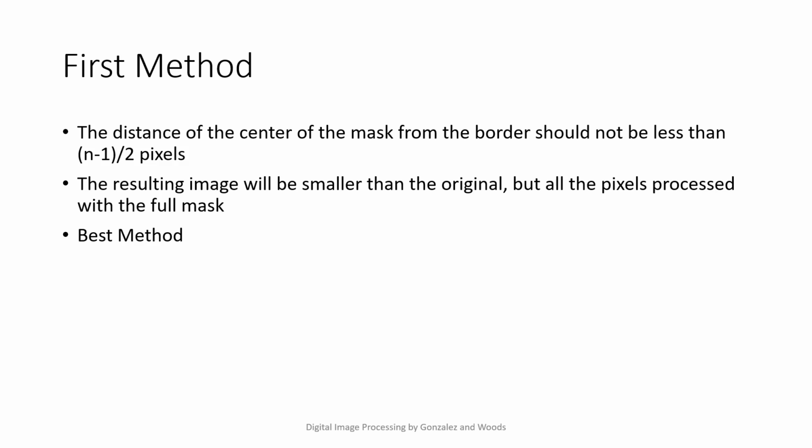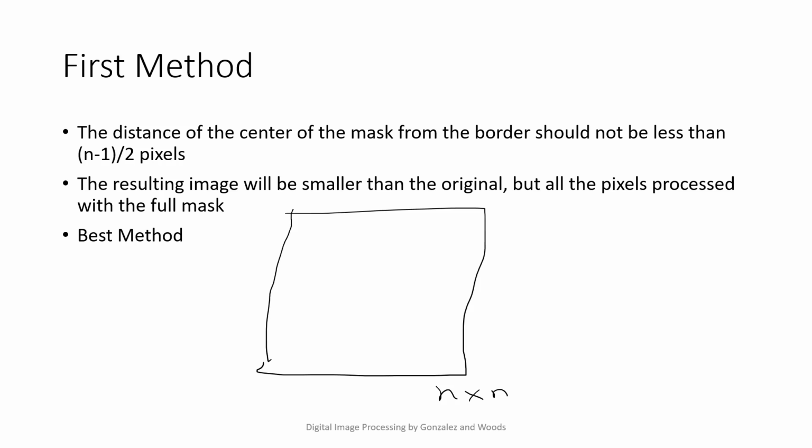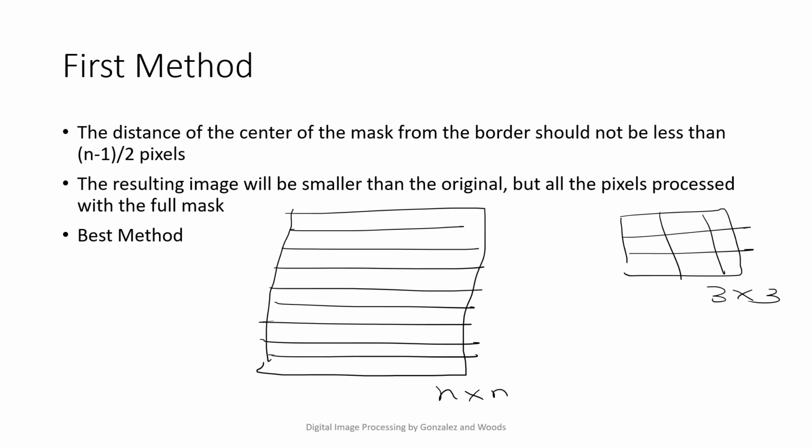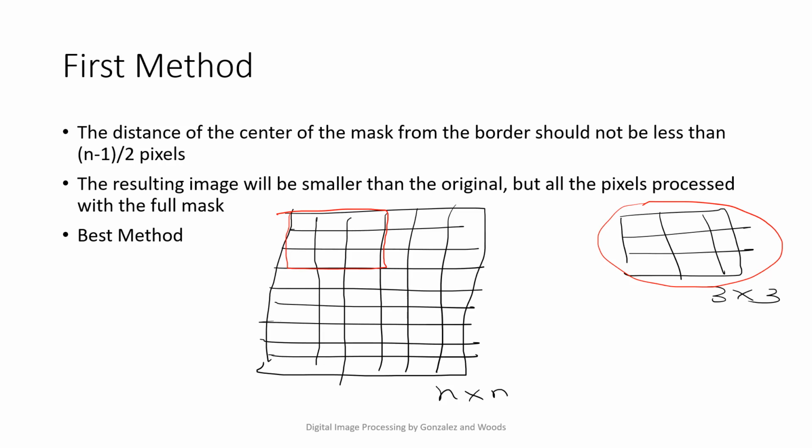Now suppose your image is like this, maybe n cross n, and you are using a 3 cross 3 mask. Let me draw this, 1, 2, 3. What I am going to do is put this mask on this image. Now what will happen?